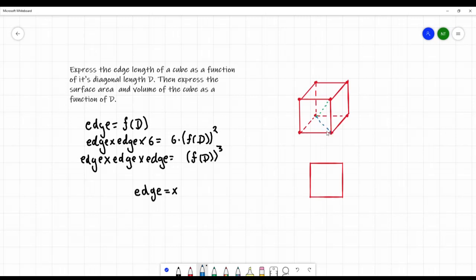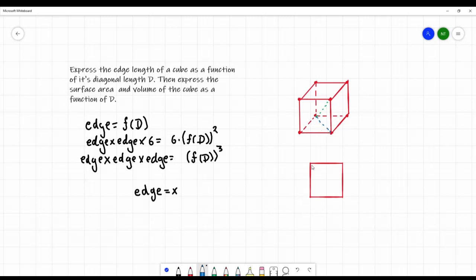Once we find the length of the diagonal here, the diagonal of the base plus the edge of the cube is going to help us find the diagonal of the cube.